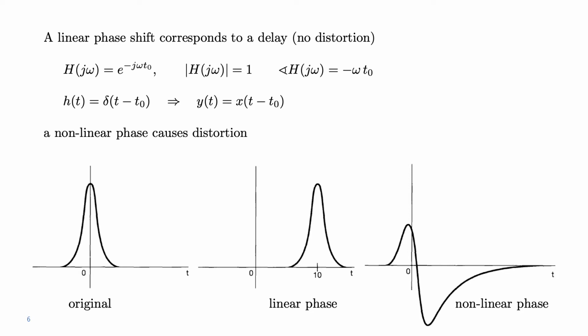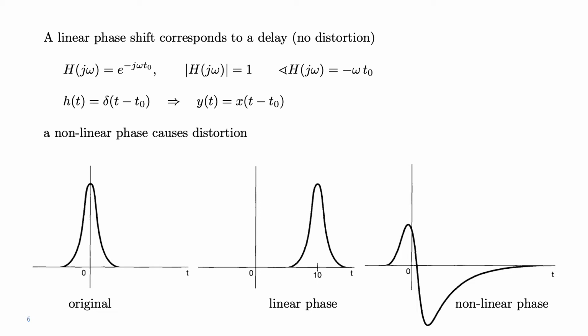On the other hand, a non-linear phase will cause distortion of the signal. So again, the linear phase simply corresponds to a delay by a certain value t0 in our example. A non-linear phase will cause a distortion, not a simple delay. Distortion means that the shape of the signal will be completely altered. We can see an example in the figures at the bottom of this slide.